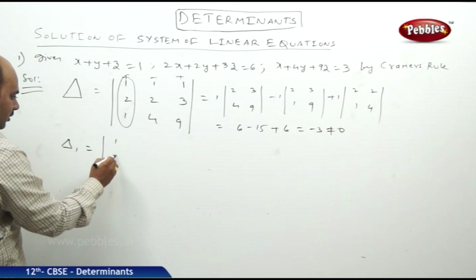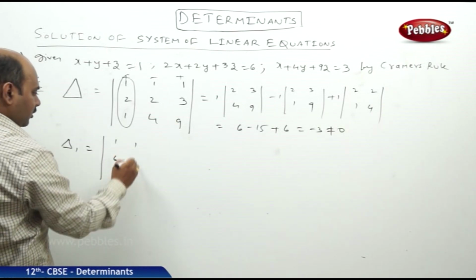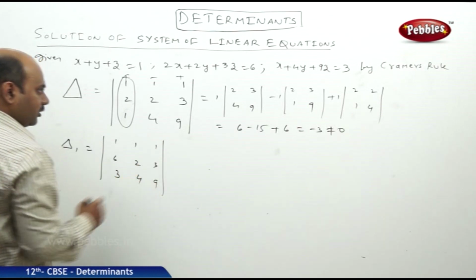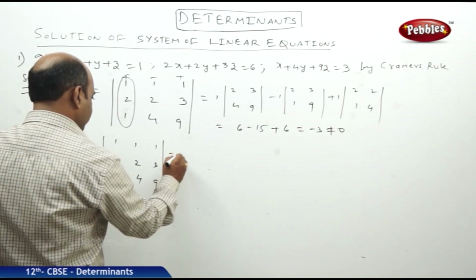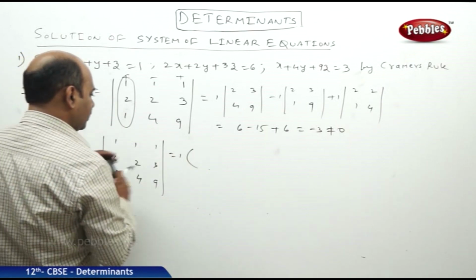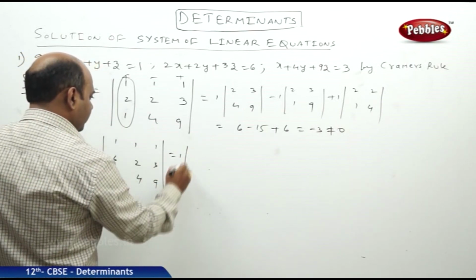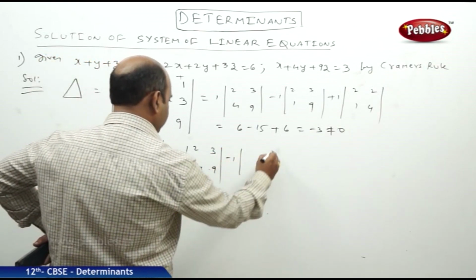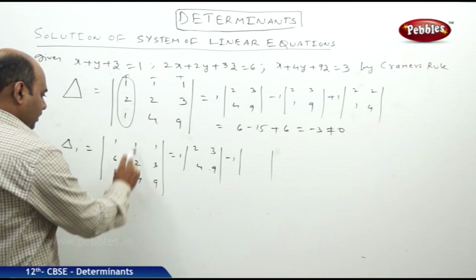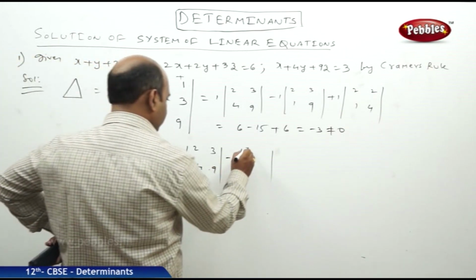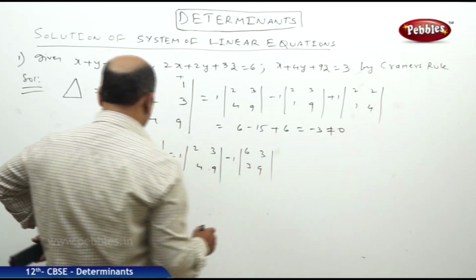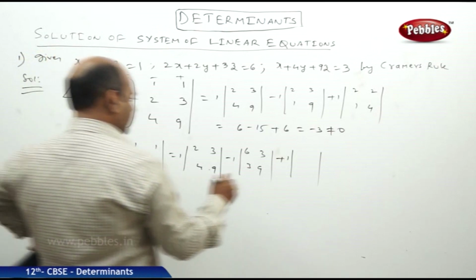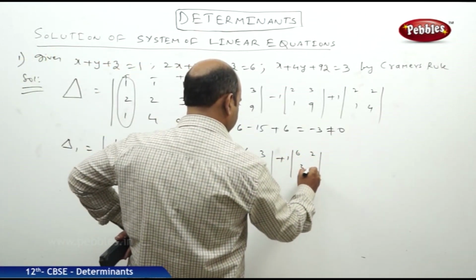So the matrix is 1, 6, 3, 1, 2, 4, 1, 3, 9, and I need to find its determinant. 1 into its minor, which is 2, 3, 4, 9, and minus 1 into its minor, which is 6, 3, 3, 9, later plus 1 into its minor, which is 6, 2, 3, 4.